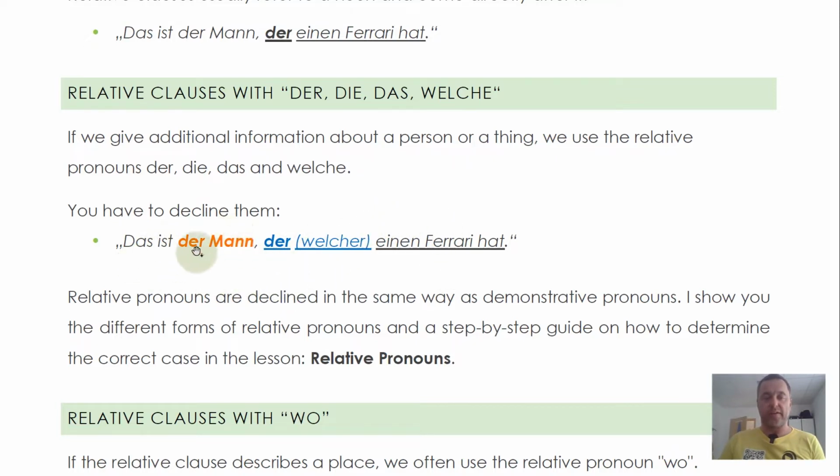Das ist der Mann, so that's the person or the thing, could be an object too, we're giving more information to, comma, then followed by the relative pronoun, then the rest and the verb at the very end. You can pretty much use those ones all the time if you give additional information to any kind of object or person, human being, something like this.